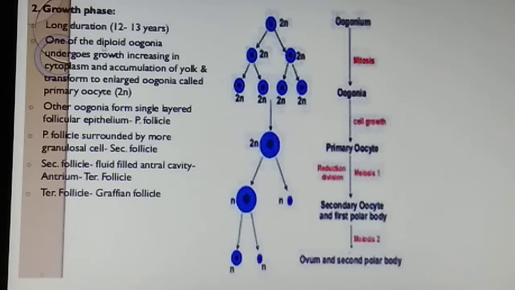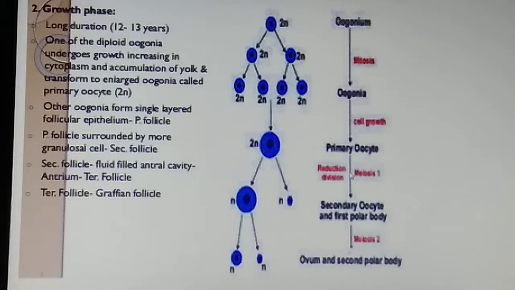Now talking about the growth phase, which lasts for 12 to 13 years, one of the diploid oogonia, look here carefully, undergoes growth, increasing in cytoplasm and accumulation of yolk, and transforms into an enlarged oogonium that is called the primary oocyte. Fine. So this oogonium, after the growth phase, forms the primary oocyte.